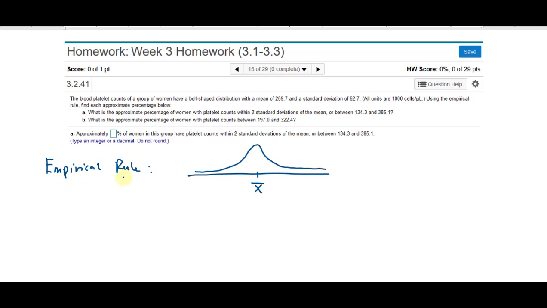And according to this rule, 68% of the data would be within one standard deviation. So that means from the mean, if you add one standard deviation, or if you subtract one standard deviation, then this is one standard deviation above and below the mean, and there would be 68%.